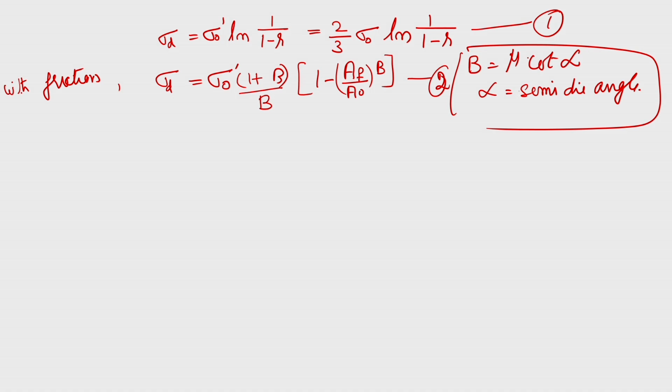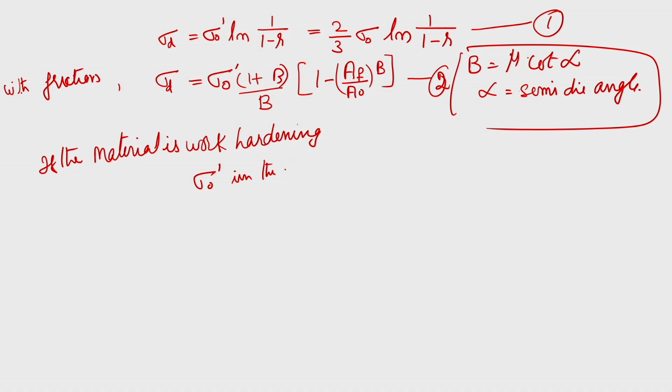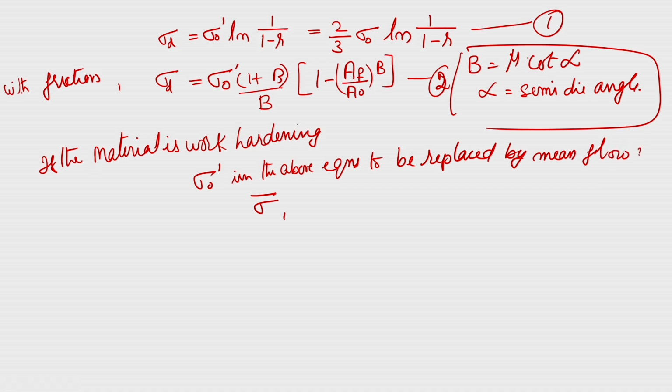If the material is work hardening, because this is just for a non-work hardening material, then the sigma 0 dash in the above expression is to be replaced by the mean flow stress, sigma bar, which we have discussed.